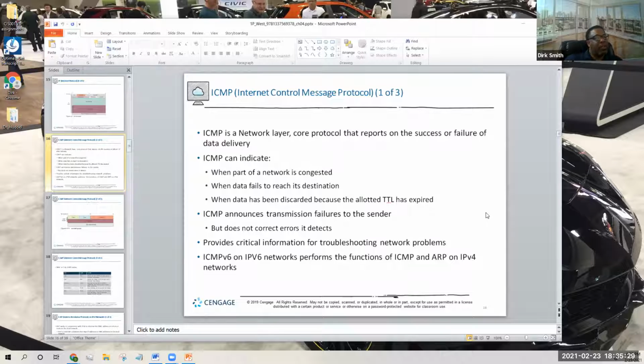So it took too much time. So that's what's happening when you're dealing with this. ICMP also announces transmission failure to the sender, but it doesn't correct it. It's going to let you know, hey, I didn't get it. I'm not fixing it, I just didn't get it. So that's kind of what ICMP does as well.